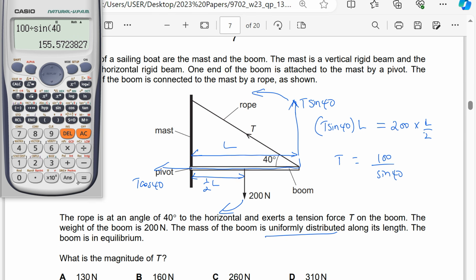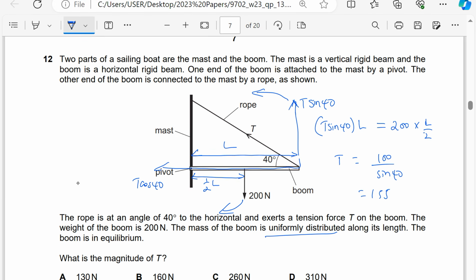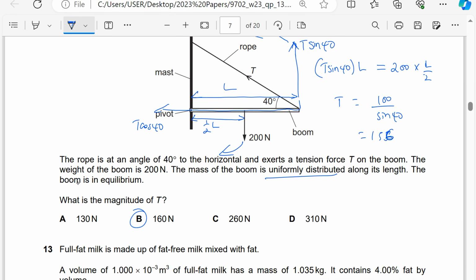That is 155 or 156 or 160. This is 155 or 156. And the answers here, the closest is 160. So this is 160 to two significant figures.